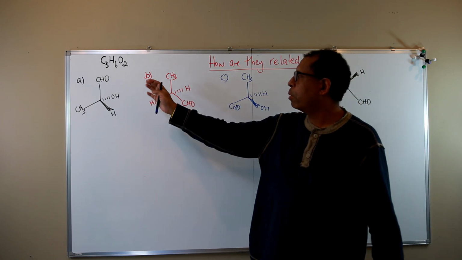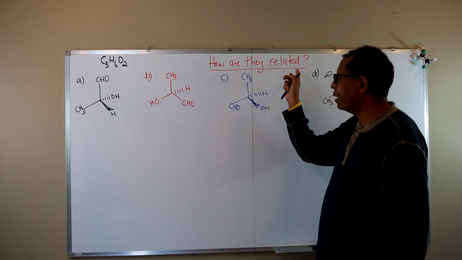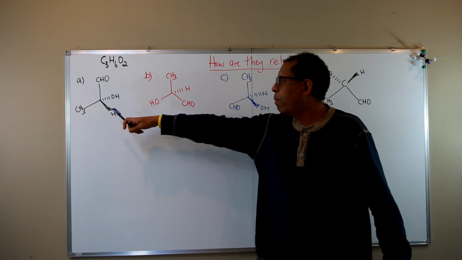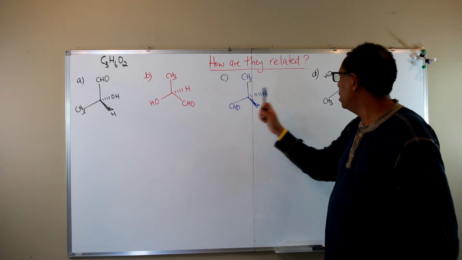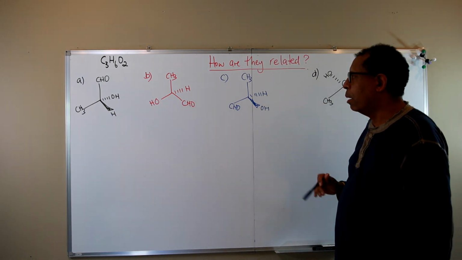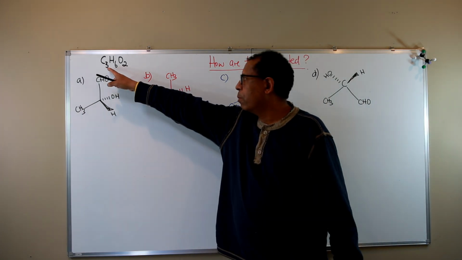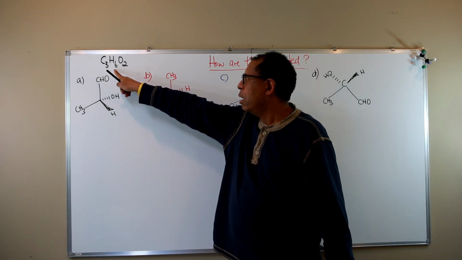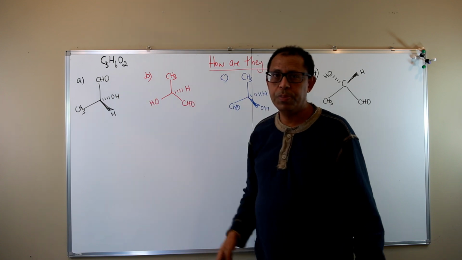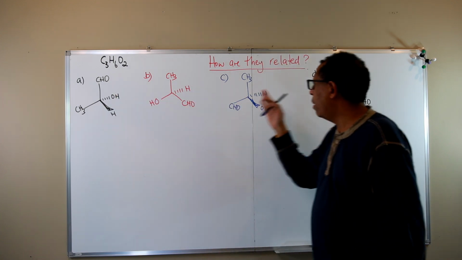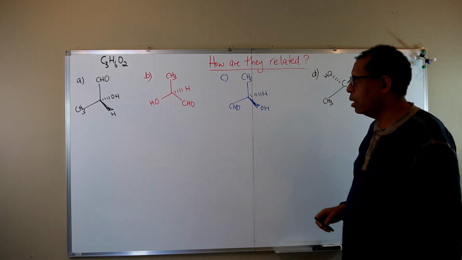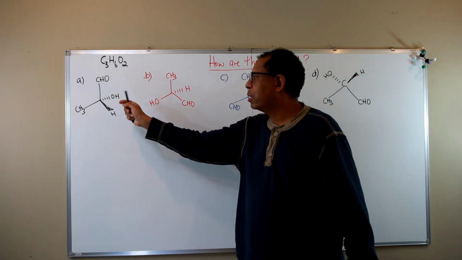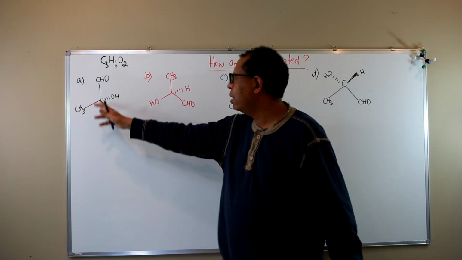Now our problem here says how are they related. You have compounds A, B, C, D, four compounds with molecular formula C3H6O2. So all of them have the same molecular formula and they also have the same kind of bond connectivity.